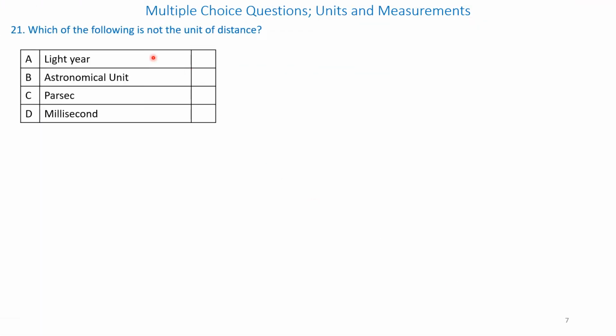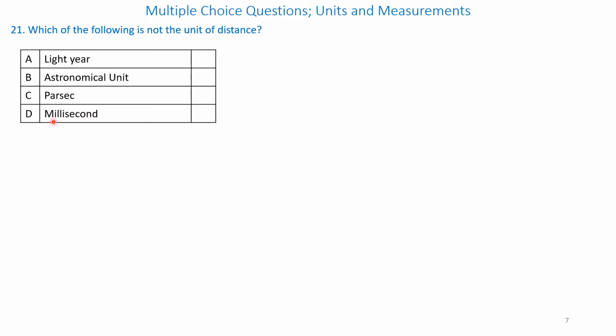Question number 21. Which of the following is not the unit of distance? Option A, light year. We know that it is a distance. Astronomical unit. Option C is parsec. It is a unit of distance. Astronomical unit is also a unit of distance.